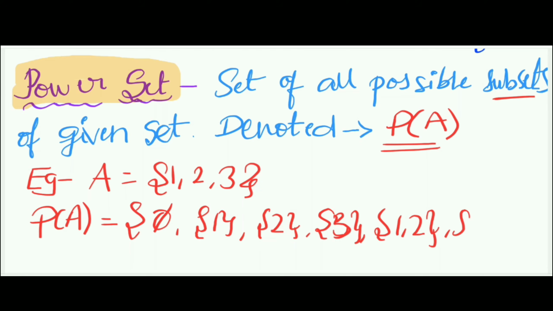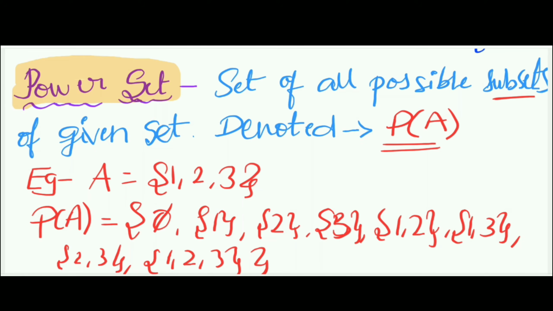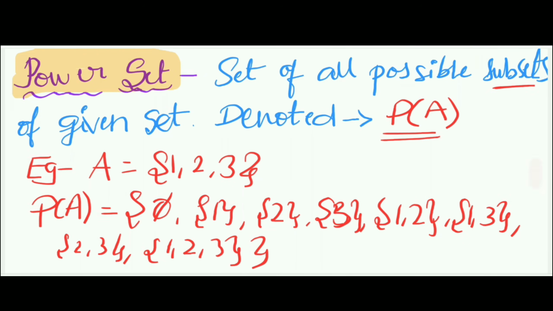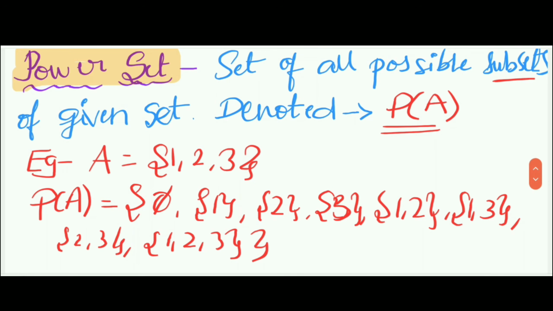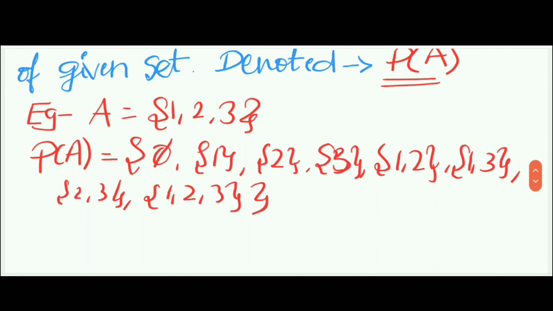So all the possible combinations we have to choose here and write. 1 and 3, 2 and 3, you can leave some out also, no issue, but I wrote all, then 1, 2, 3, and then a final closing. So these are all the possible outcomes for this given example.